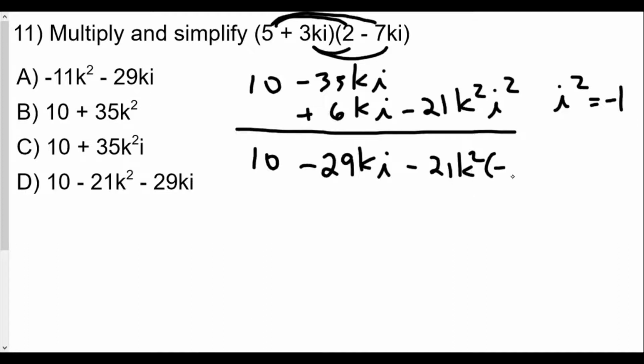So negative 1 times negative 21 is positive 21. So it should be 10 plus positive 21 k squared minus 29ki.